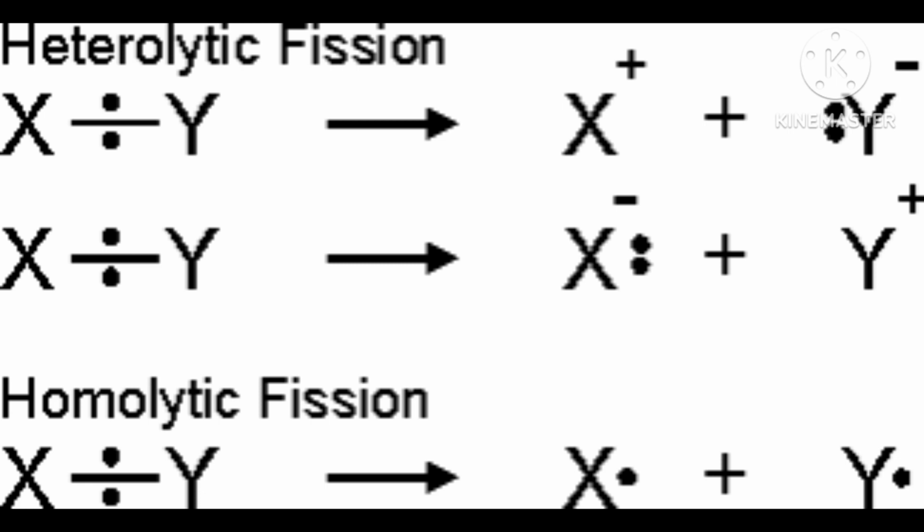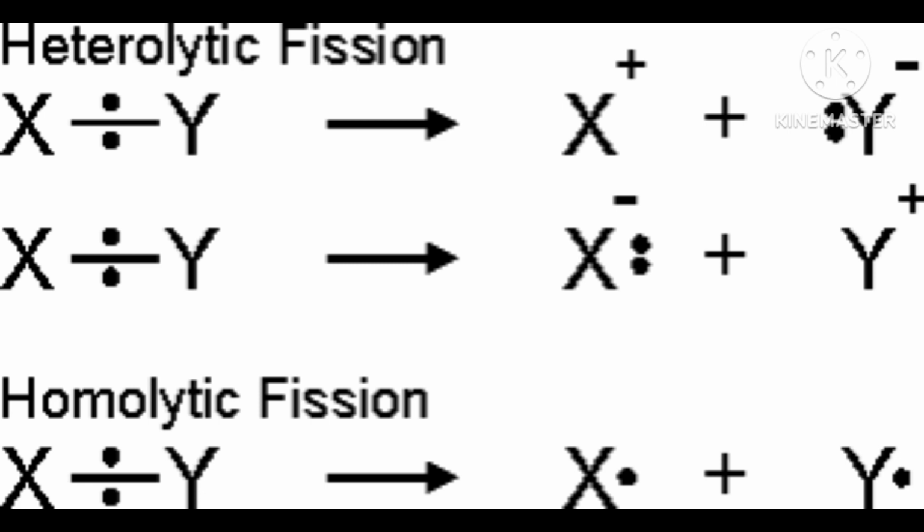Suppose an RX molecule is there. If you want to represent how homolytic cleavage goes, X is a halogen, maybe fluorine, chlorine, bromine, or iodine. Between R and X, two electrons are there in this bond.